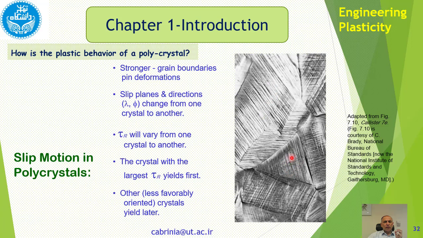When does this yield? If the tension goes up, if the stress goes up, if the force goes up, then we reach a certain value of tau r on a certain plane and certain direction in this crystal, which reaches the value of tau critical resolved shear stress, and then slip occurs in another crystal.